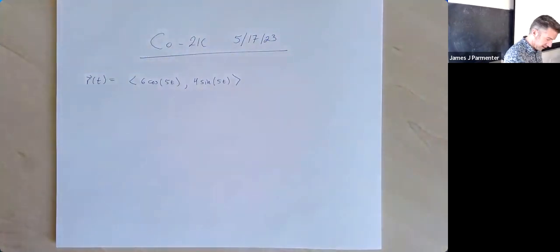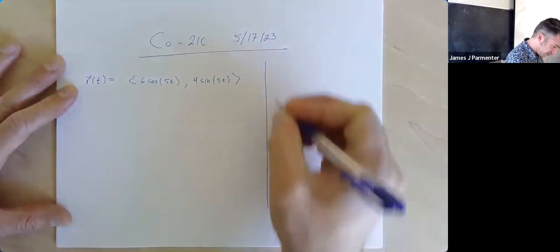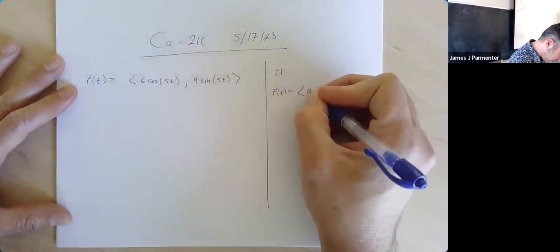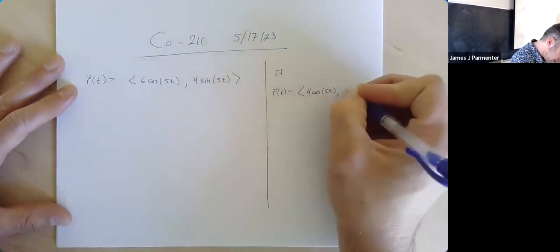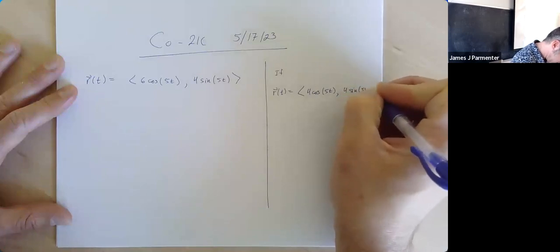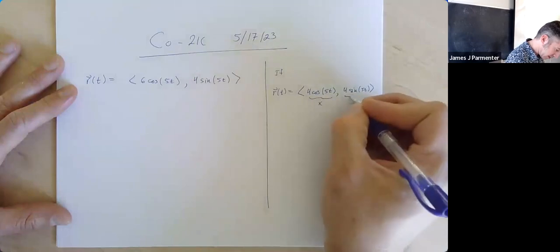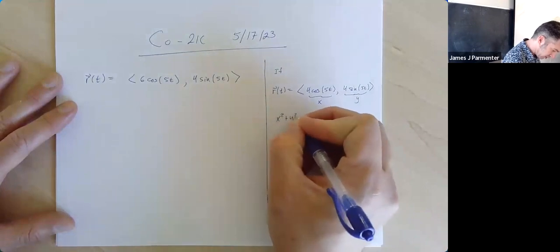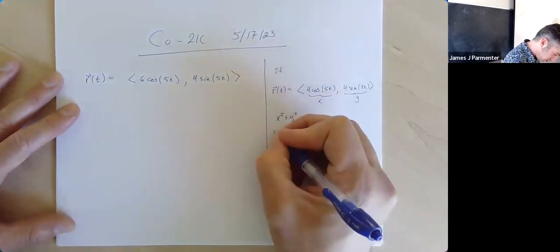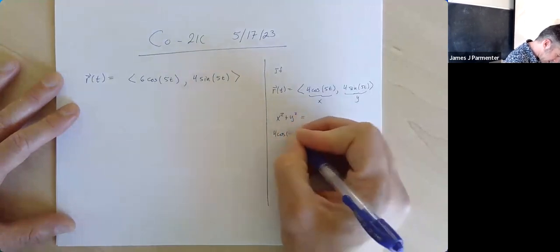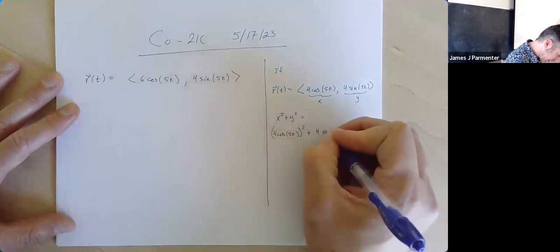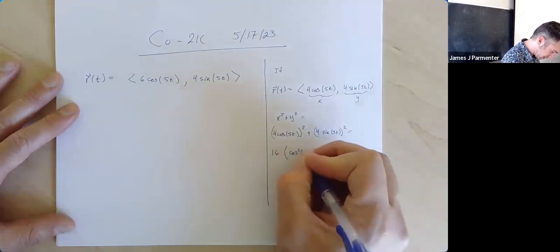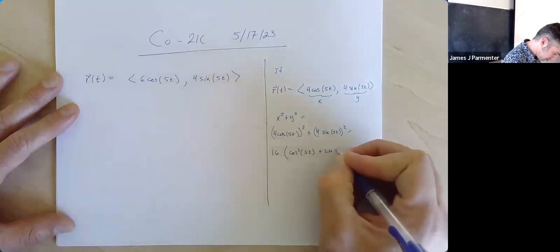Let's examine that just for a moment. If we had r of t equal to 4 cosine of 5t, comma, 4 sine of 5t, and we think of this as our x and this as our y, then it's certainly true that x squared plus y squared is equal to 4 cosine of 5t squared plus 4 sine of 5t squared, which is really just 16 times cosine squared plus sine squared, which is really just 16.